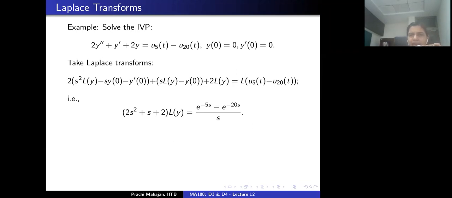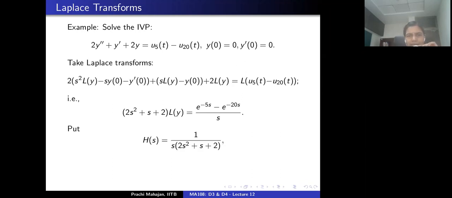And then I know the Laplace transform of the unit step function. Therefore, I will have the right hand side to be e to the minus 5s by s minus e to the minus 20s by s. And the left hand side, if all this calculation is correct, is 2s squared plus s plus 2 times the Laplace transform of y.